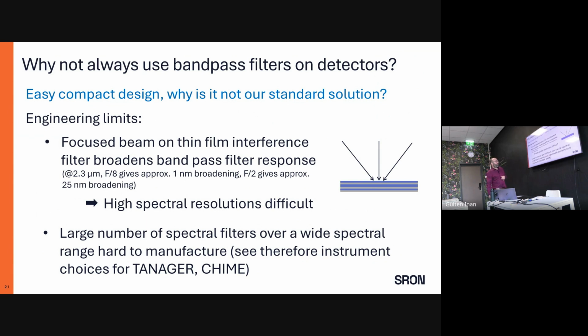For example, at 2.3 micrometer, we would like to make a spectrometer with 0.2 nanometer. That's very hard because if I have an f/2 system, so big aperture versus focal length, then I would broaden this to 25 nanometer. It doesn't work. Another engineering reason is that it's just hard to put a lot of filters over a wide spectral range. And that's also the reason I showed you before instruments like Scheim and Tanager, that those instruments are still built with dispersive components.